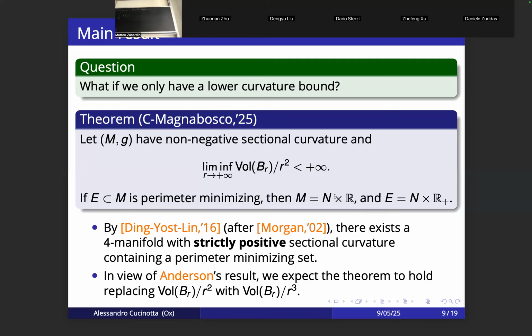Perfect. So you have the second variation formula. Let me just write it and then I'll say what it means.